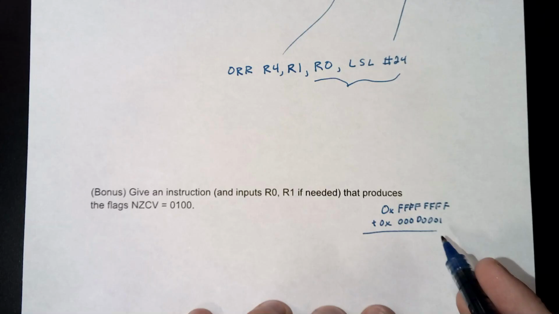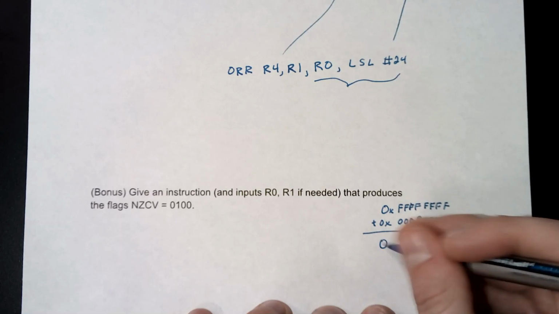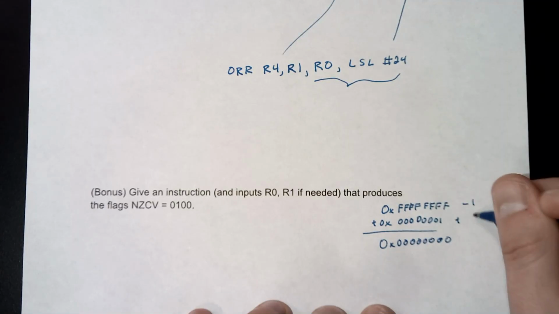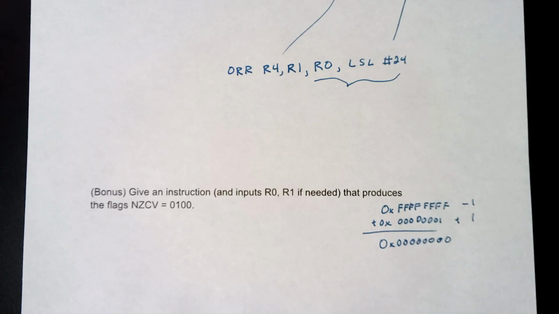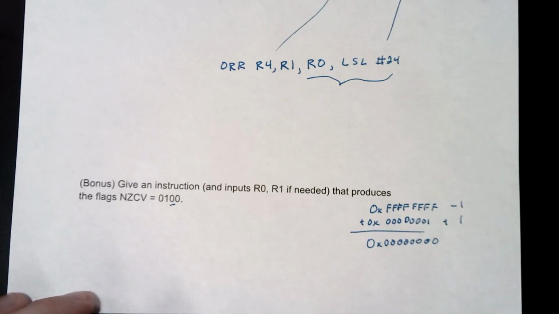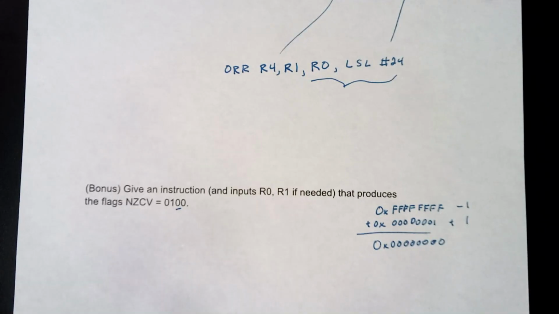We add those together, and that gets us 0x00000000. It's effectively -1 plus 1. But of course, when we do that, there's a carry out, so we can't get a 0 by doing an addition. The trick is we're not doing an addition here.